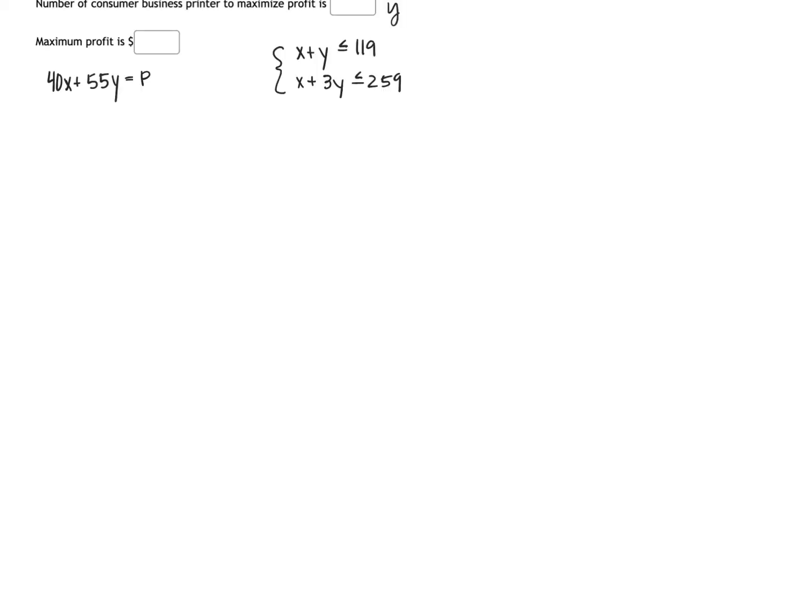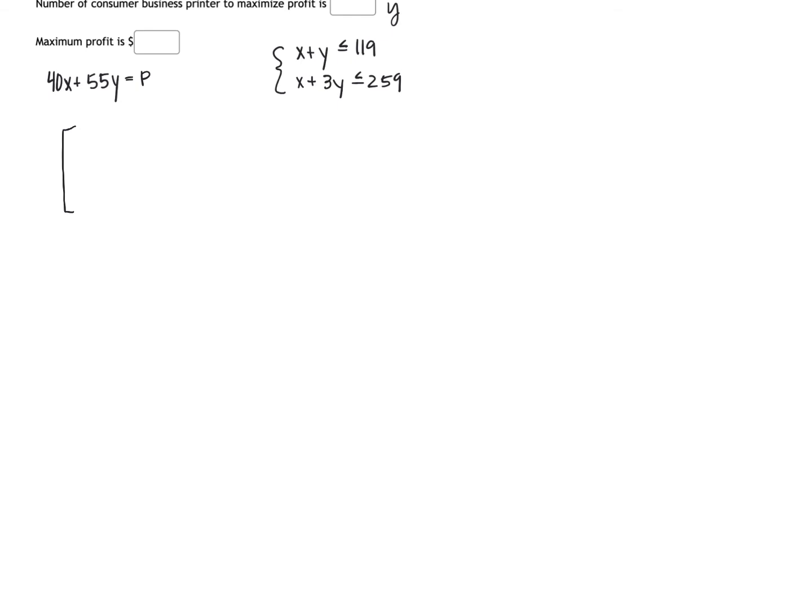Given that we want to maximize the profit under the constraints given by the inequalities, we're going to write the simplex tableau, and then we're going to solve using the simplex method.